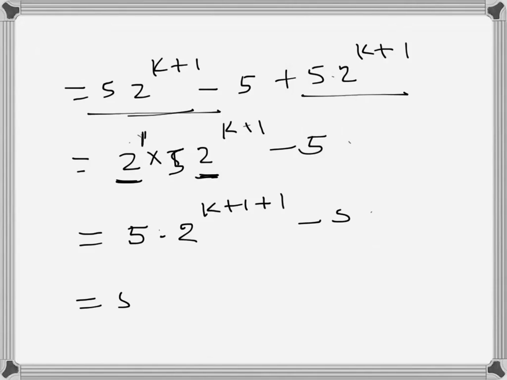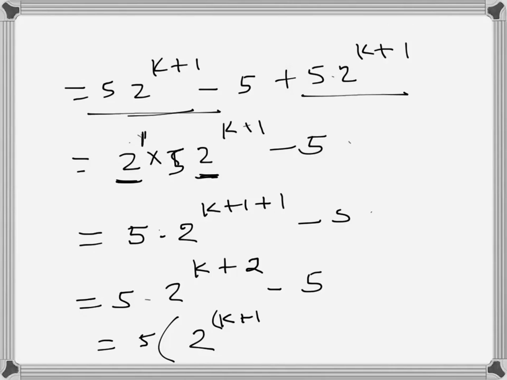So it becomes 5 times 2 to the power k plus 2, minus 5, or let me write it with a bigger bracket, k plus 1 plus 1, and then minus 5. So this is the left hand side.